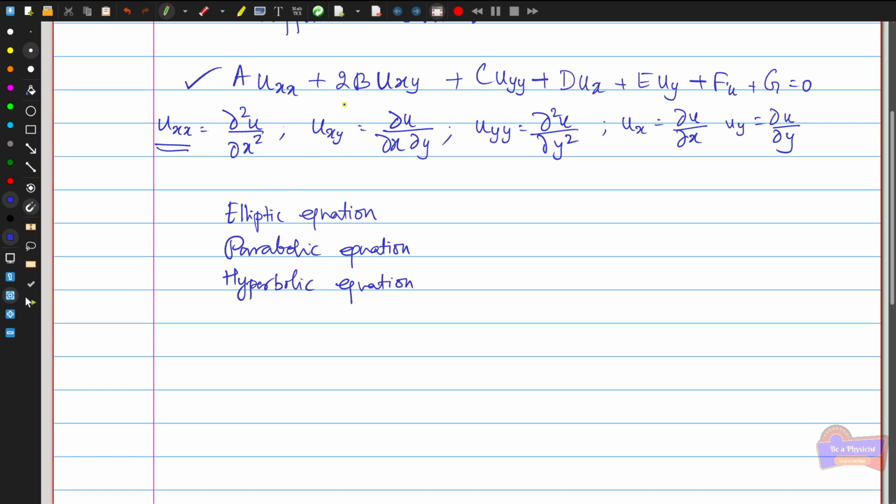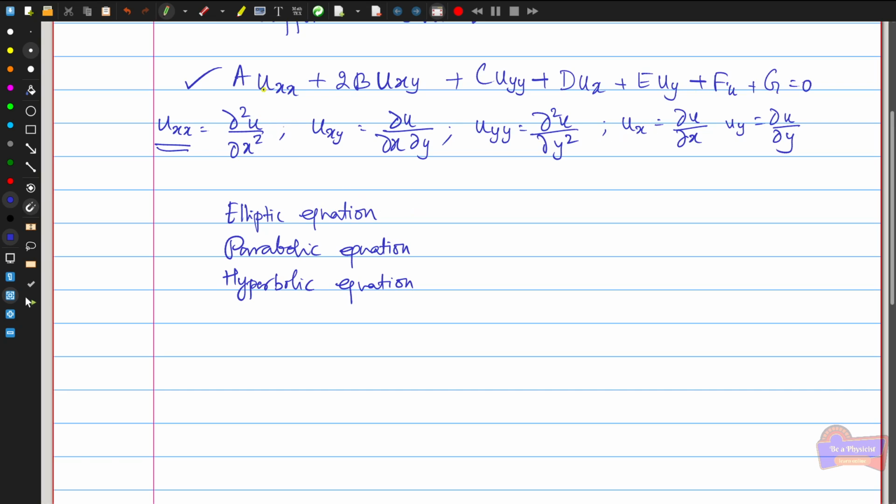This equation is classified into three different types, since the other constants D, E, F, and G do not contribute to the classification, because they all multiply lower order terms in the equation.